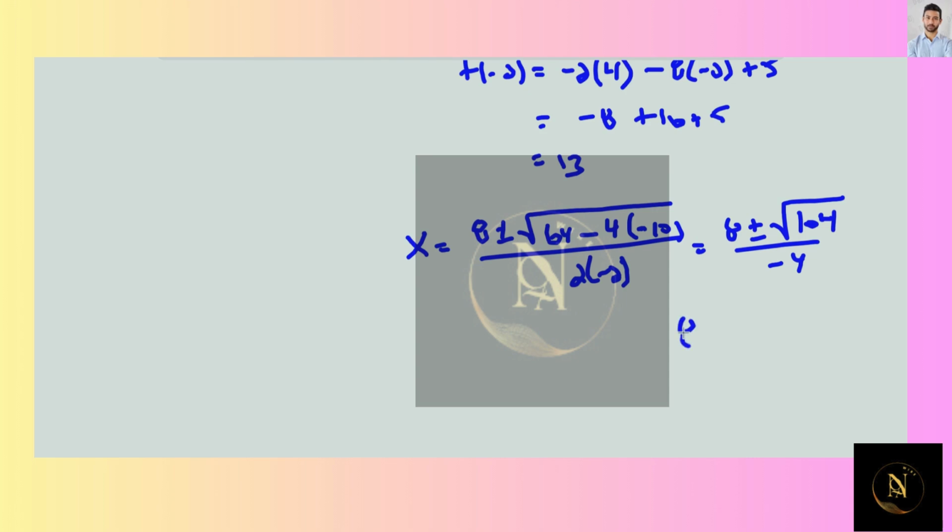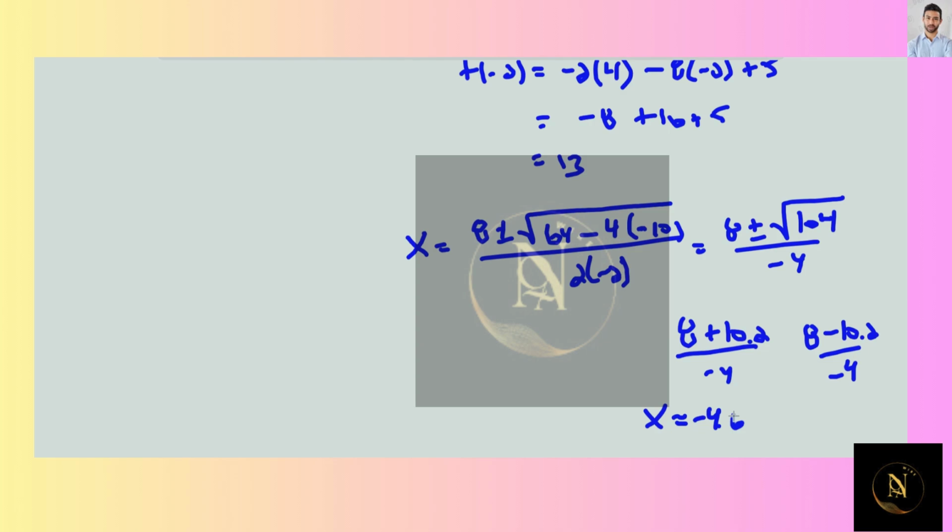So it'd be 8 plus 10.2 over negative 4, and 8 minus 10.2 over negative 4. Well, 8 plus 10.2 is 18.2, divided by negative 4 would be negative about 4.6.